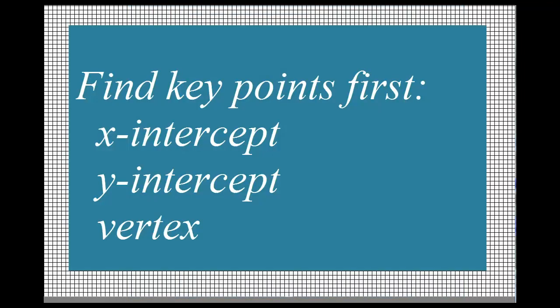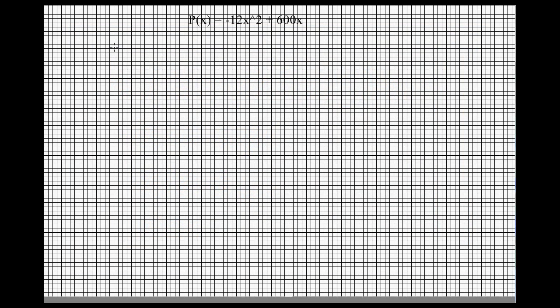What we're going to do first is find the intercepts. So we're going to find the x and the y intercepts first. Let's go ahead and work through the y-intercept first. To find the y-intercept, we set x to 0 and then solve for y.